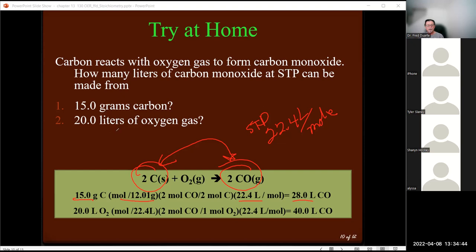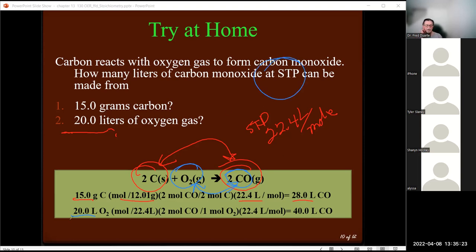The second part says how many liters of carbon monoxide are formed if you start off with 20 liters of oxygen gas. So we're only concerned about oxygen and carbon monoxide, the one in blue, which is a 1 to 2 relationship. So 20 liters of oxygen is what we're given. We use the 22.4 liters per mole relationship because we are at STP.